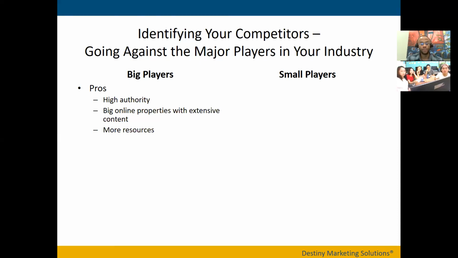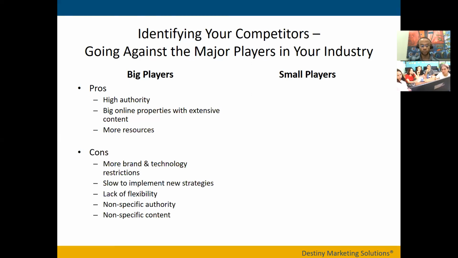So they have the team, and that's the third bullet point here. They have the team to go out there, create massive content, create massive online properties in little time. And of course, more money to do so as well.